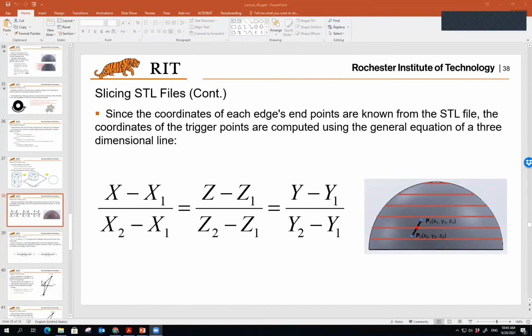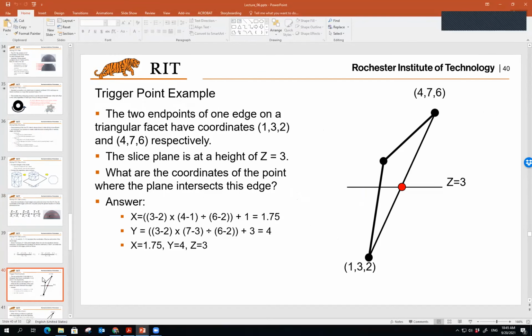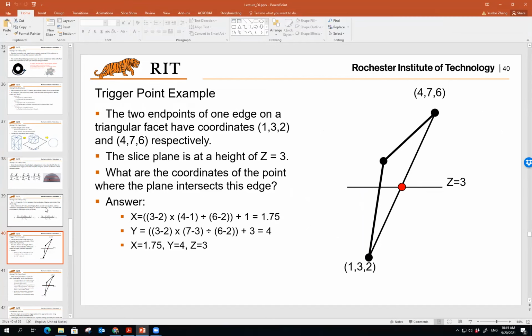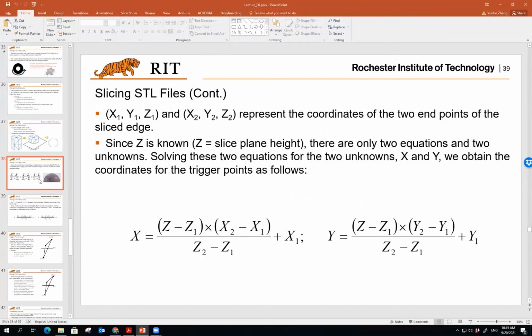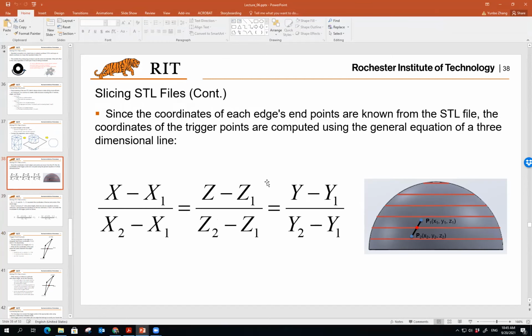So basically, the trigger points are the intersections between the cutting plane, which is the one layer's plane, and a triangular edge. So actually, the order doesn't matter.